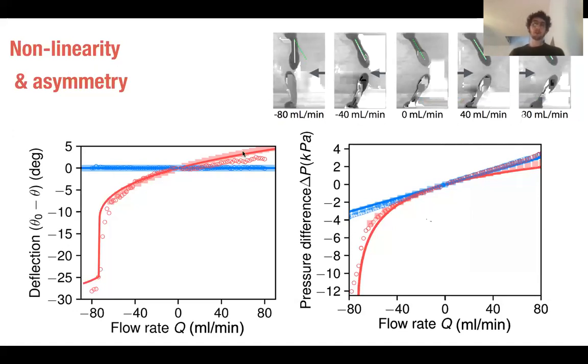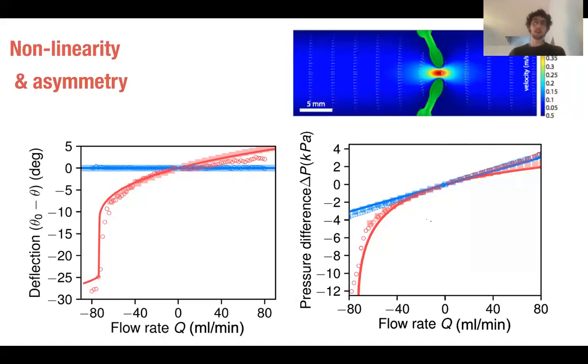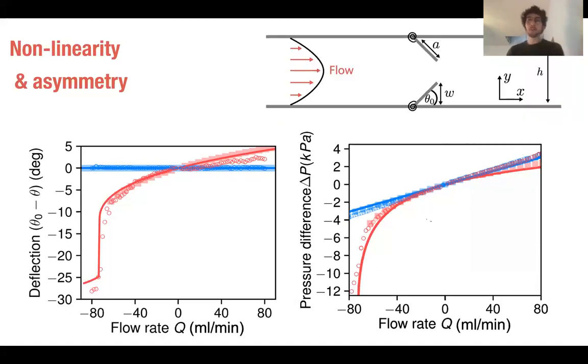And what we observed previously is that those deformable objects, even if they deform quite a lot, they do not bend much. So we simply decided to describe those systems as rigid plates that would be connected to a torsion spring on the side of the channel here. Which means that it simplifies the problem quite a bit, because you can really define the deflection as being this angle θ. Here we start with an initial angle θ0. And then if you want to express this deflection as a function of the flow rate, you just have to equilibrate the pressure applied by the flow and the resistance of this torsion spring.